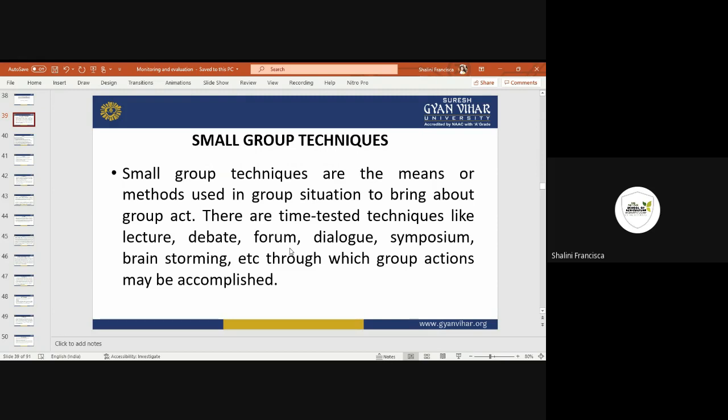There are time-tested techniques like lectures, debate, forum, dialogues, symposium, brainstorming, etc., through which program action may be accomplished. So there are many techniques that have already been tested, and each is considered a good technique for contacting small group people.